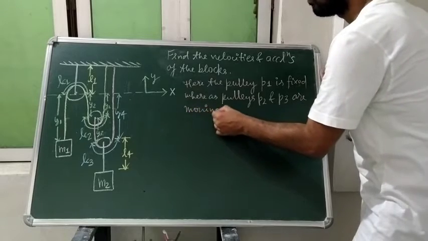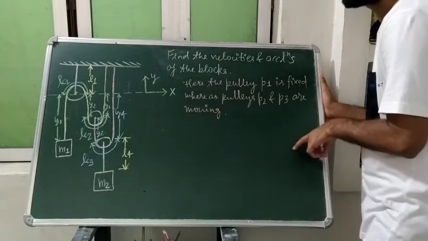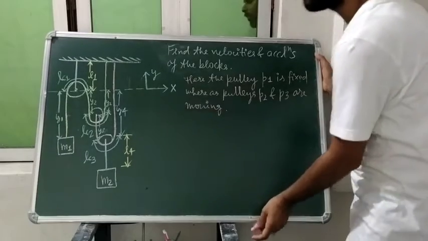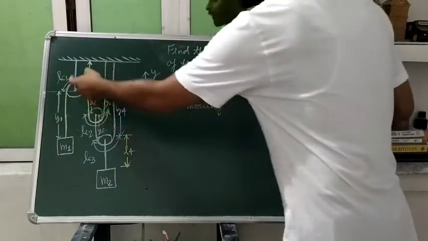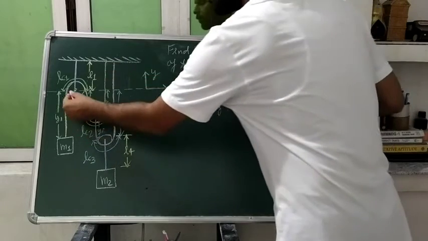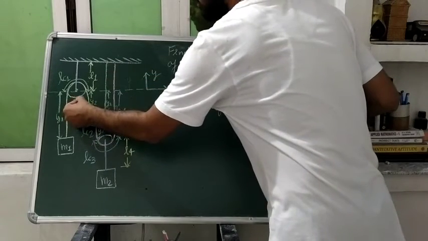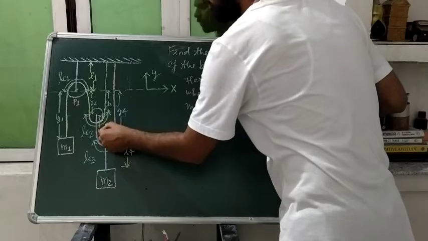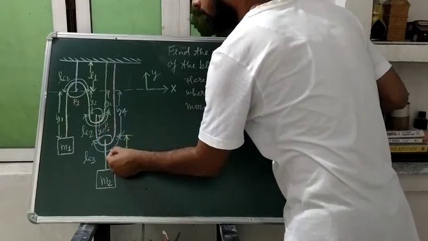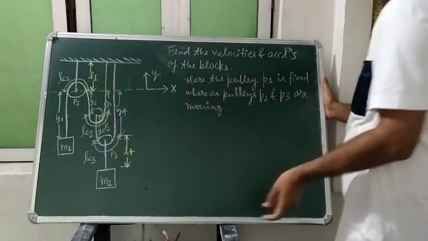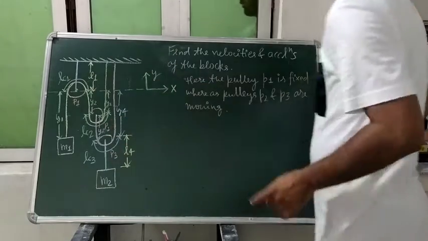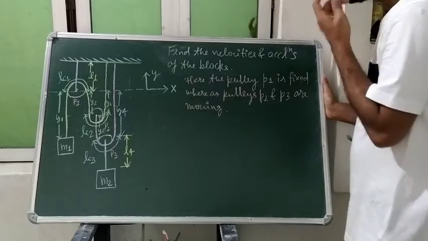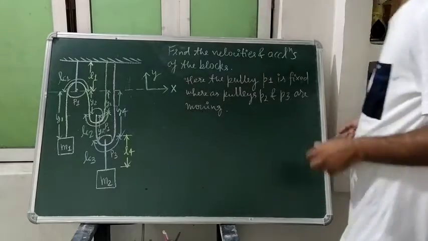It will not be given in the problem; you will have to think about this, that it is fixed. This one we are saying is pulley number P1, this one pulley number P2, and this one pulley number P3. So pulleys P2 and P3 will move when the blocks move. Okay, so keep this in your mind.